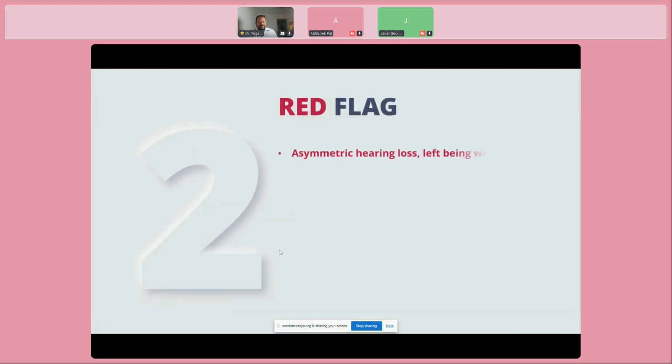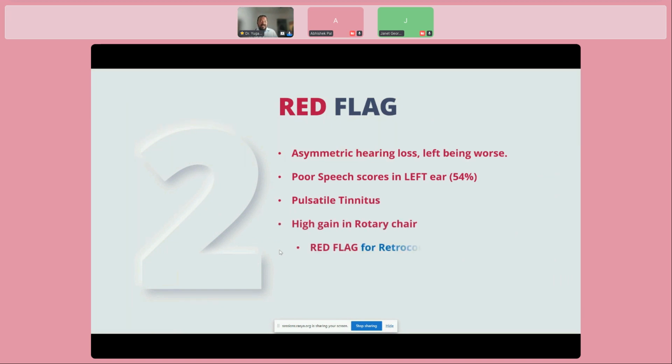So what are the red flags? The significant asymmetry, worse WRS scores, pulsatile tinnitus, and high gain in rotary chair. Basically, they do not match each other, indicating that there is actually retrocochlear involvement. Even after multiple medical physician referrals, we again decided to send this patient to a medical physician.